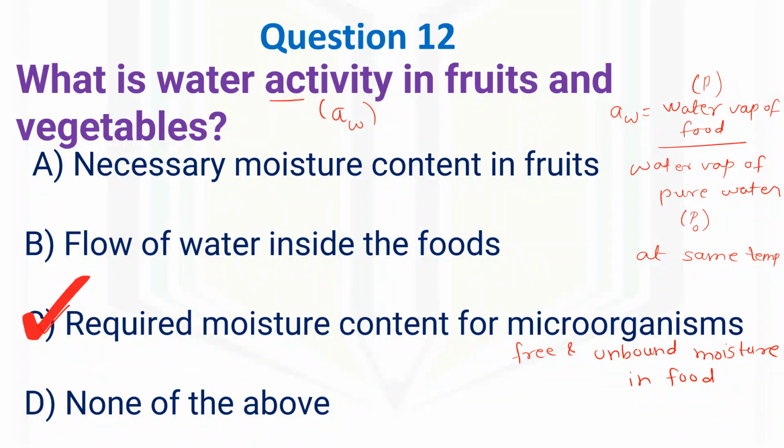Some type of microorganism like the bacteria will require a higher water activity, that is above 0.86, and the yeast and mold require less water activity, that is 0.65. So if the water activity of the food is below 0.5, then most of the microorganisms won't grow.